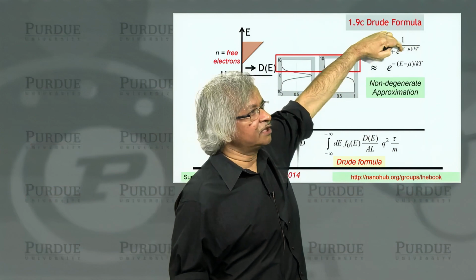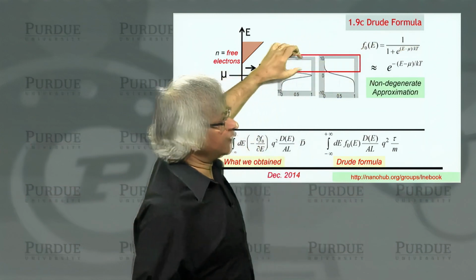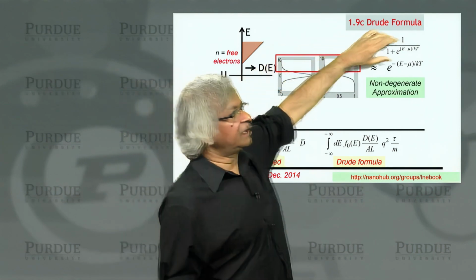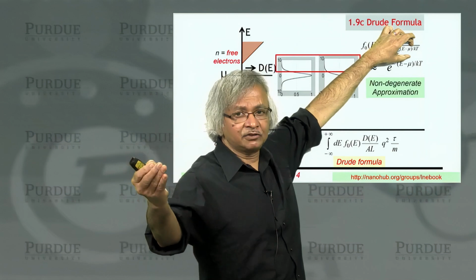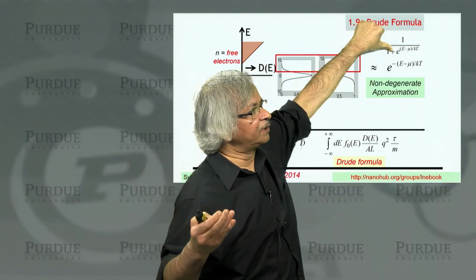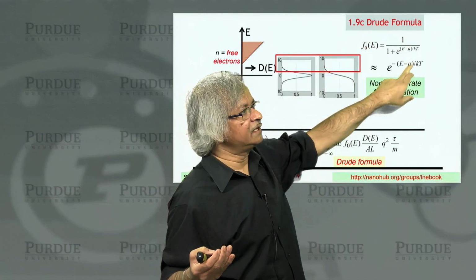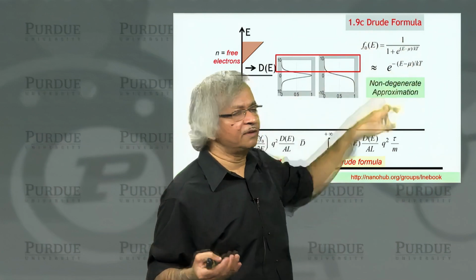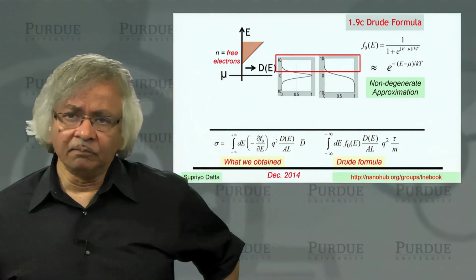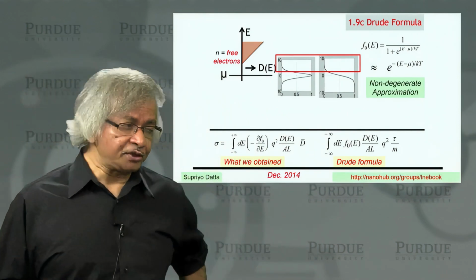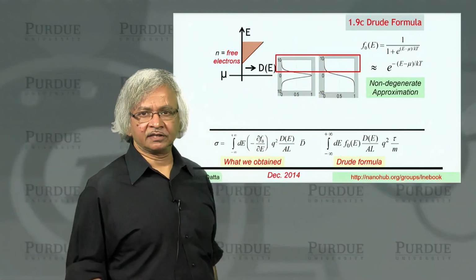So it is exponential of a large positive number, which is also a large number, and so you can drop the 1. And if you drop the 1, you get exponential minus E minus mu over kT. So the Fermi function then becomes this exponential function, which you often call the Boltzmann distribution. That's what you call the non-degenerate approximation.